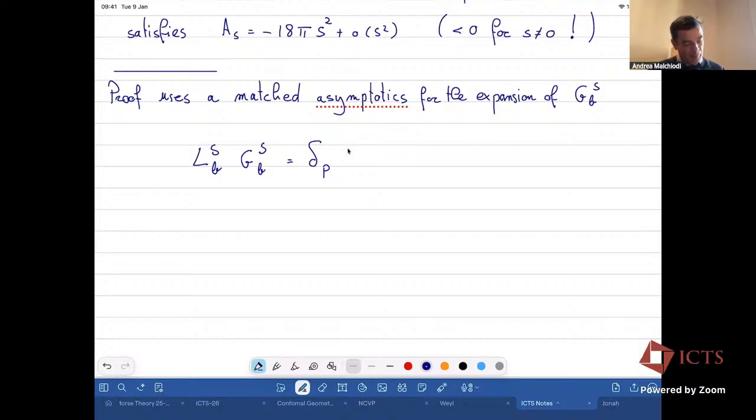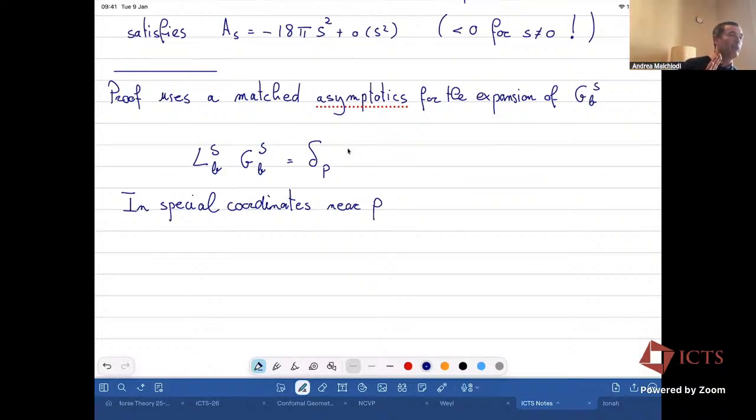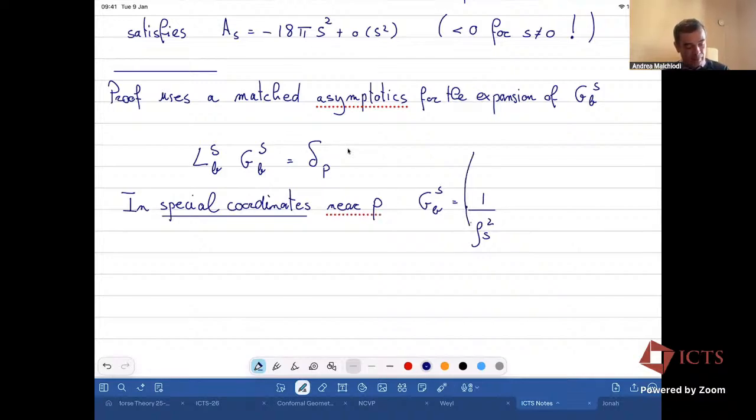In spatial coordinates near P, I discussed the conformal normal coordinates in the Riemannian case. This is a set of coordinates which is sort of equivalent. You need to choose the local coordinates very carefully to be able to expand the Green's function G P S in this way, so 1 over rho S squared. This is the homogeneous distance.